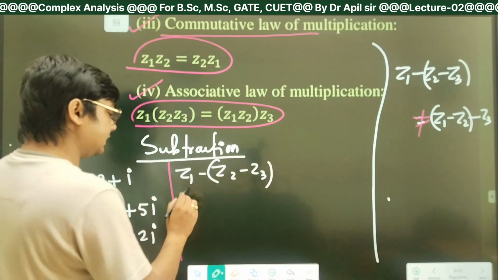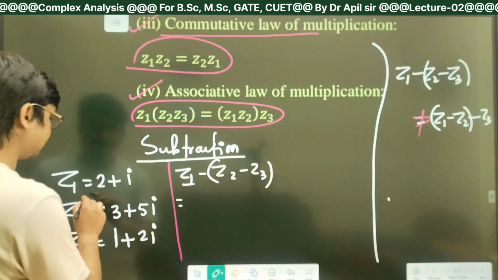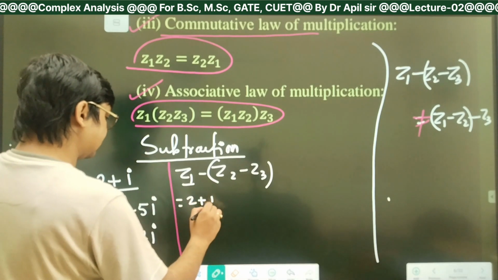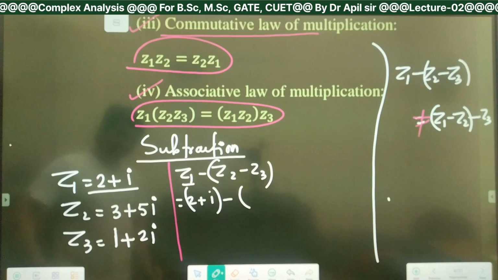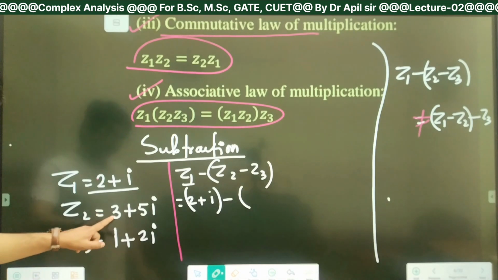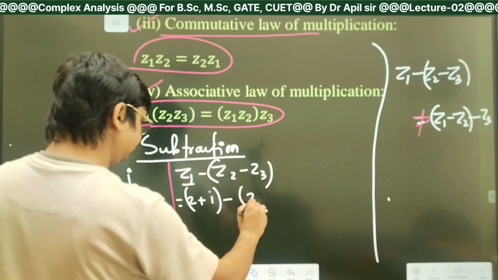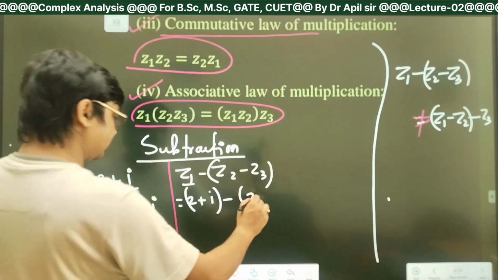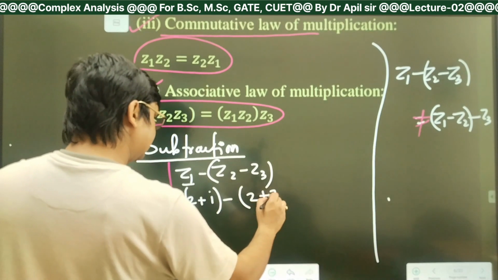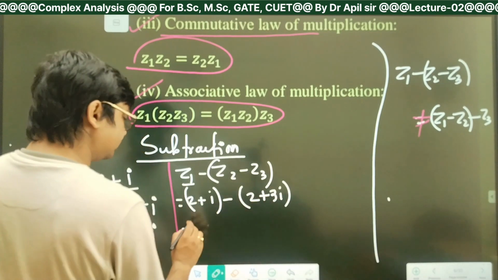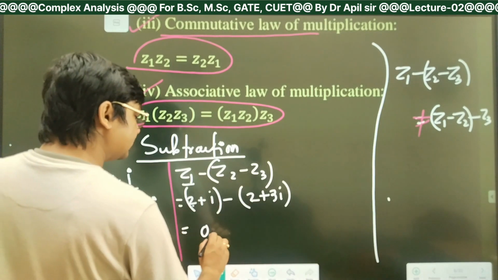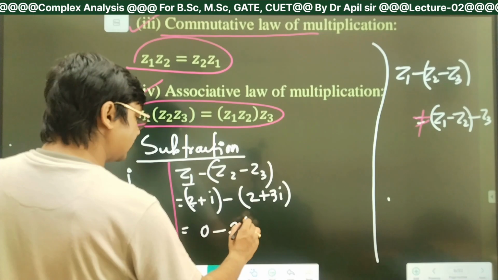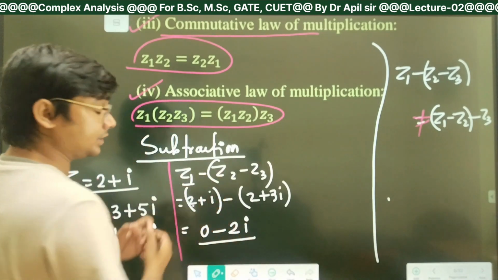Okay, Z1 is 2 plus i, minus, what will be Z2 minus Z3? Z2 minus Z3 means 3 minus 1, 2. 5i minus 2i, that means 3i will be there. So what will be this value? 2 minus 2 means 0. i minus 3i means minus 2i. So this will be the value of this one, right?